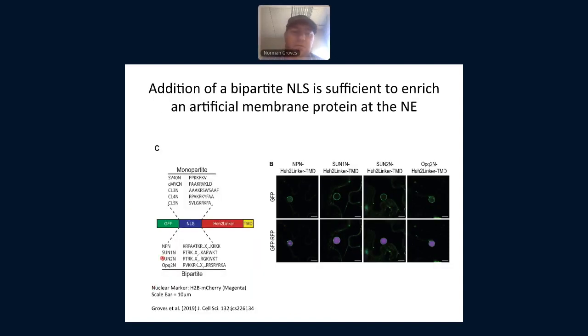We also tested 4 bipartite NLSs, including the nucleoplasmin NLS, which has been well studied in the literature, the Opaque 2 NLS, from the maize nuclear protein Opaque 2, and then the published NLSs from the Arabidopsis SUN proteins SUN1 and SUN2. And all 4 were sufficient to enrich our protein at the nuclear envelope.